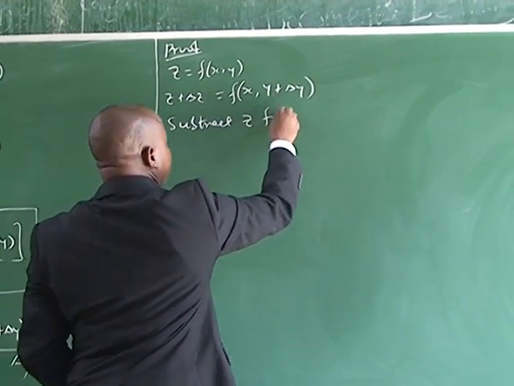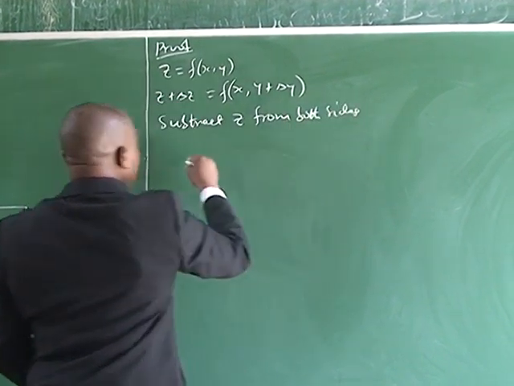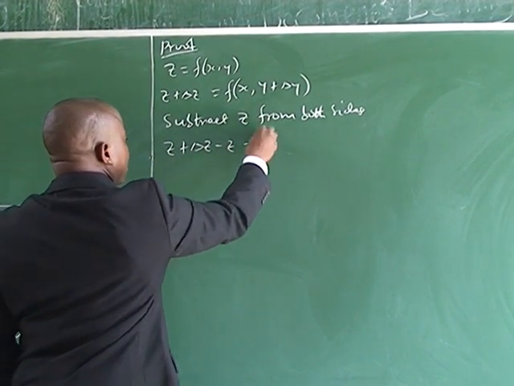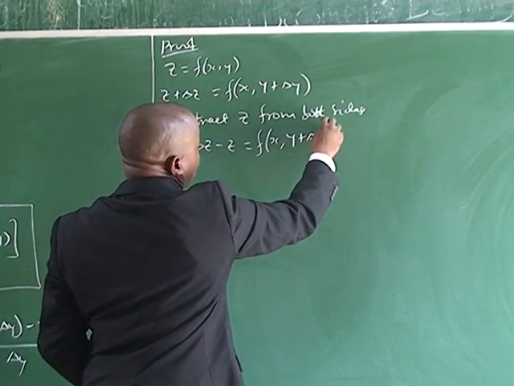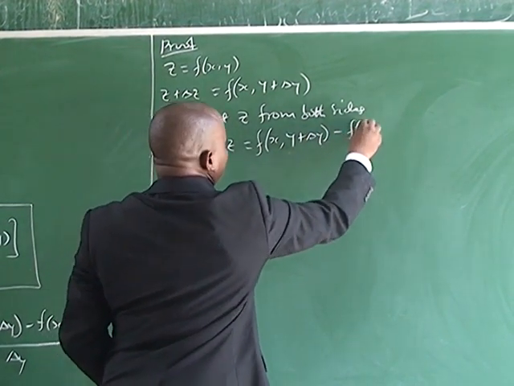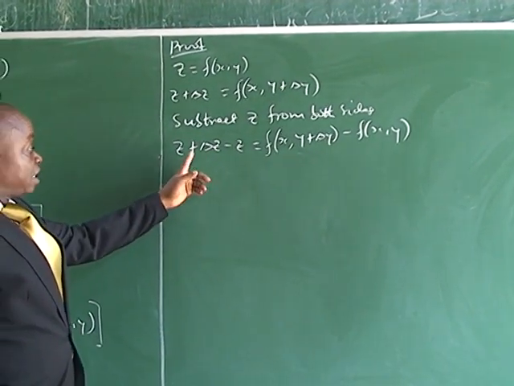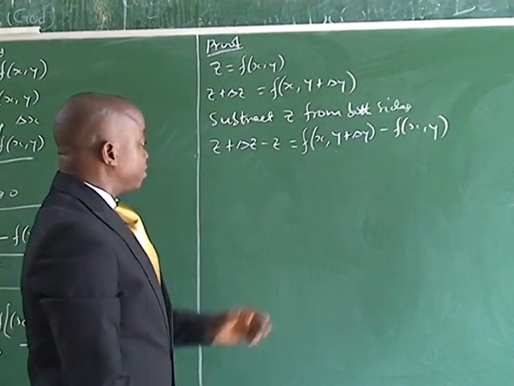So in that way, we can then subtract z from both sides. Then we have z plus change in z minus z will be equal to f of x, y plus change in y minus f of x, y. The same thing happened here: I subtract z on one side, and on the other side I subtract f of x, y, which is equal to z.